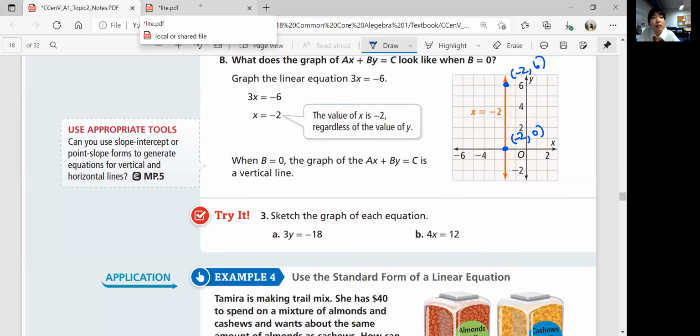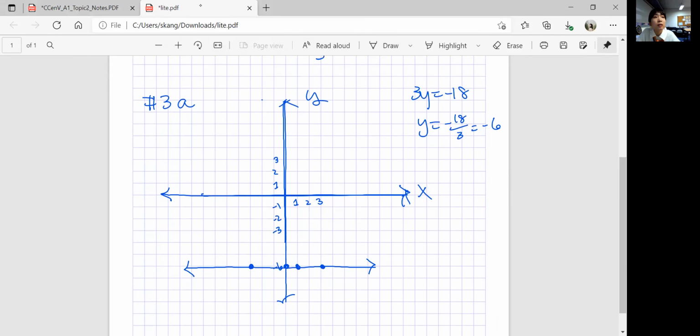What about part B? You have 4x equals 12. So simplify 4x equals 12. Divide both sides by 4, you get 3. X has to be 3. So you find 3 on the x-axis. 1, 2, 3, right there. (3, 0), (3, 1), (3, 2), (3, 3), (3, -3), (3, -4), and so on.